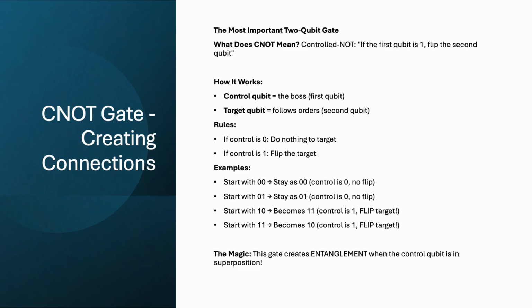But if we start with state 1,0, the control qubit is 1, so CNOT flips the target from 0 to 1, giving us 1,1. And if we start with 1,1, the control is 1, and CNOT flips the target from 1 to 0, giving us the state 1,0.